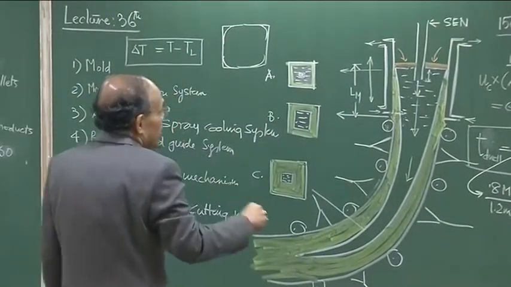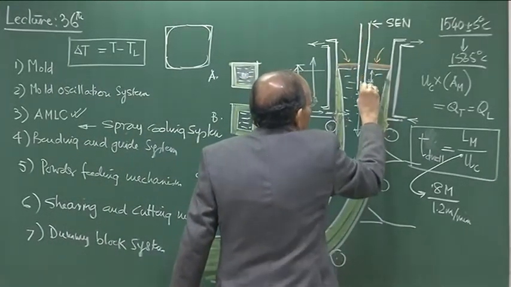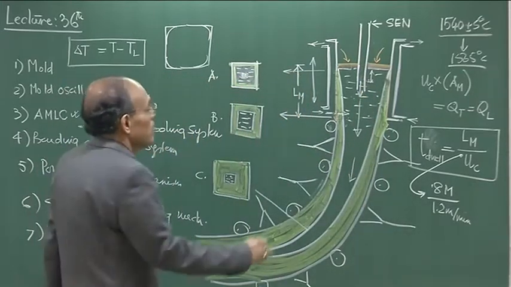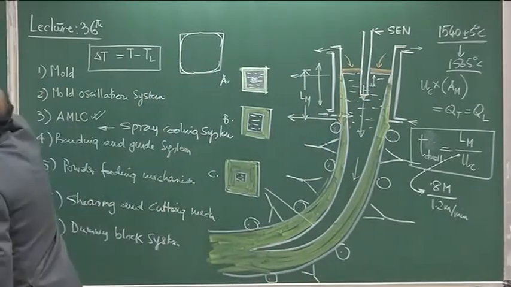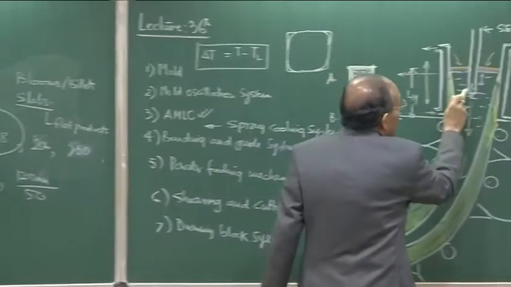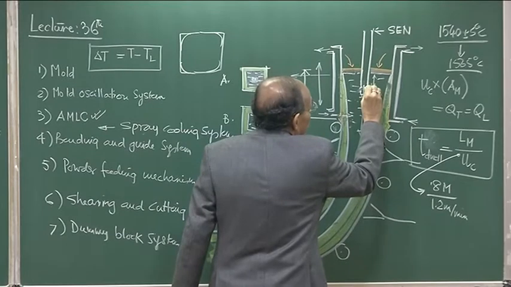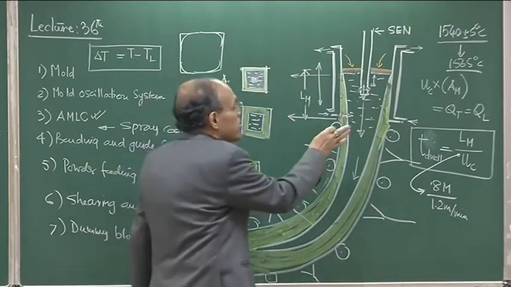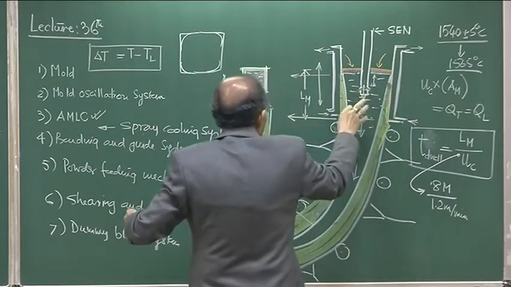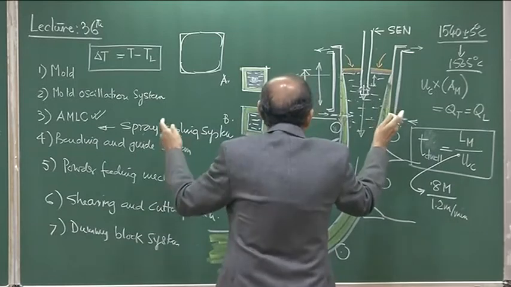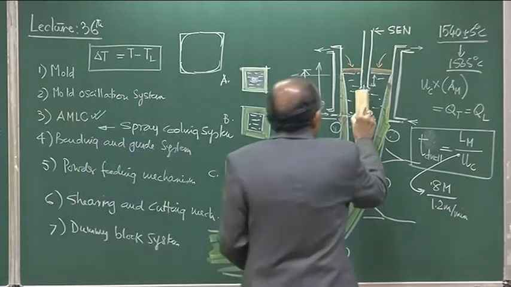So, if I draw the cross section now and make it applicable to a slab caster, it is a view now, I have changed through the narrow face, you are looking into a slab caster, in this direction. So, what geometry are you going to see? You are going to see that there are 2 ports of the SEN, and these ports are directed in these directions. Let me draw it correctly.